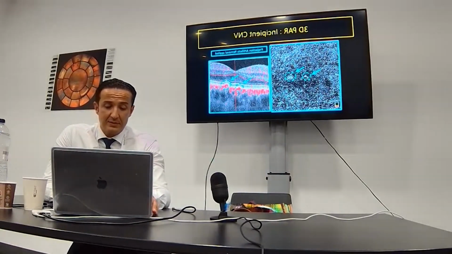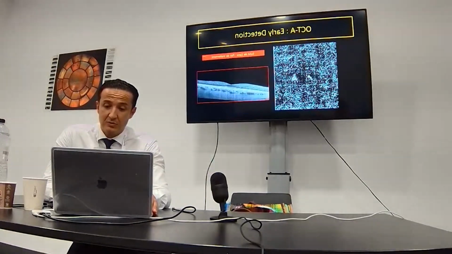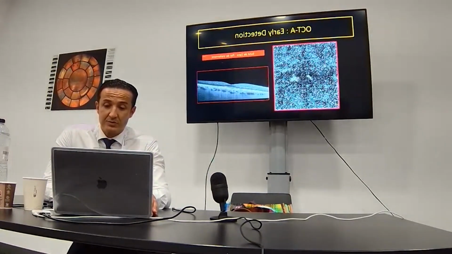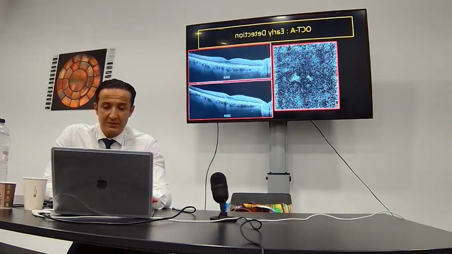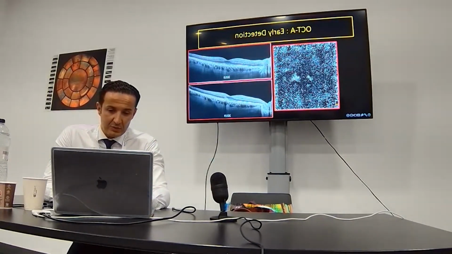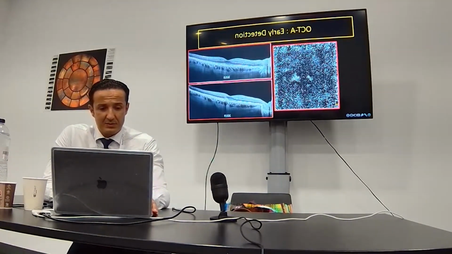Also, on the OCTA overlay on the B-scan, you can follow this patient 2 years after with the ingrowth of the CNV, but no exudation associated until 3 years after. And look here, the difference with the B-scan. Here we observe a slight PED, but with no exudation.